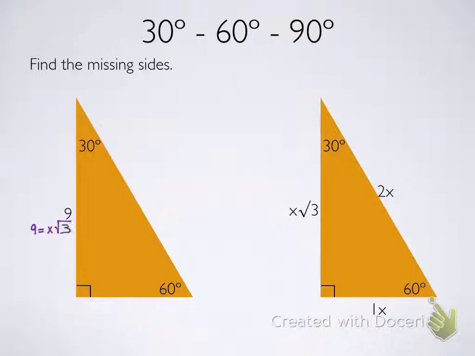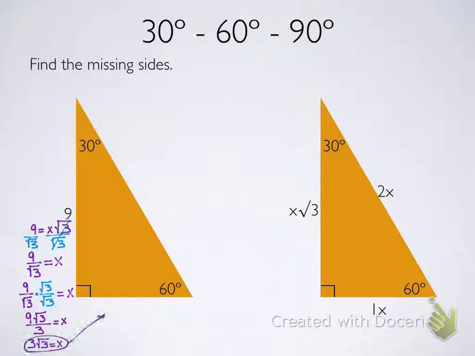All right. Okay, now, this time they gave us the altitude as 9. So the altitude is equal to this x square roots of 3. Okay, so that's why I wrote this over here. Now we're going to divide by the square root of 3. And you know you can't have a radical in the denominator. So you've got to rationalize here. And when you rationalize, you end up with 3 square roots of 3.